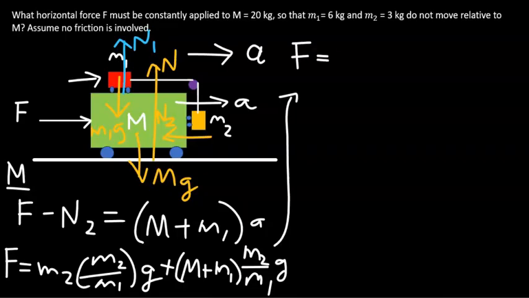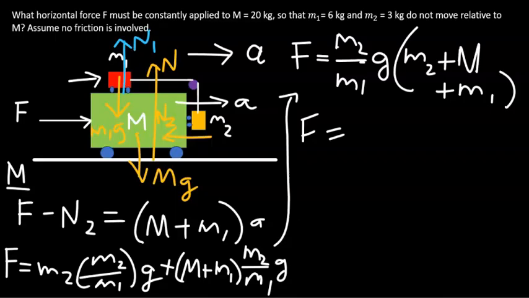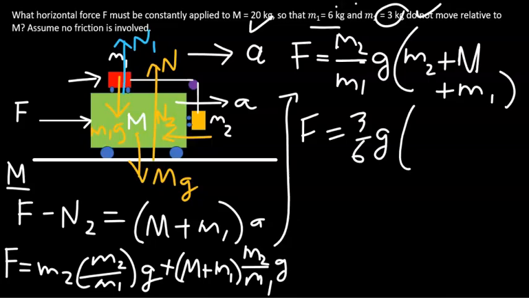F equals, you take out the common factors, which is m2 over m1 times g, and to that we multiply m2 plus capital M plus m1. So now let's put in all the numbers. m2 is given to be 3 kg, so 3. m1 is 6 kg, so 3 over 6 times gravity. m2 is again 3 kg, plus capital M is 20, plus little m1 is 6 kg.